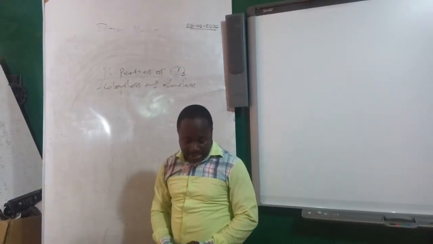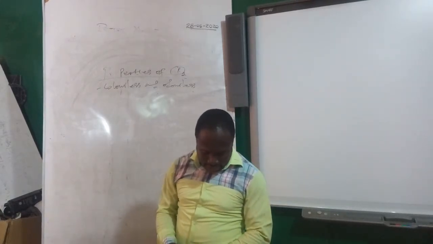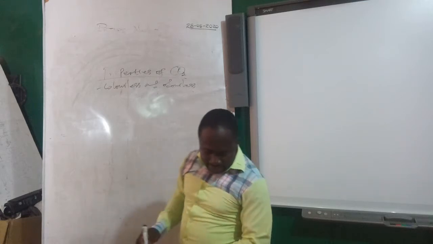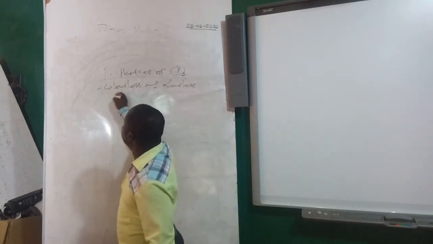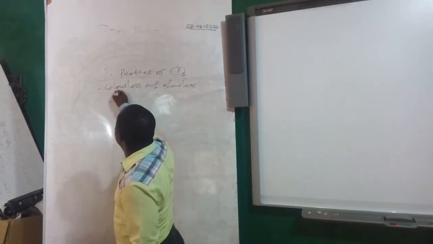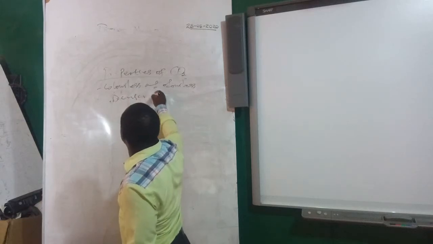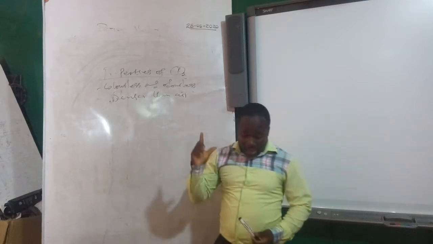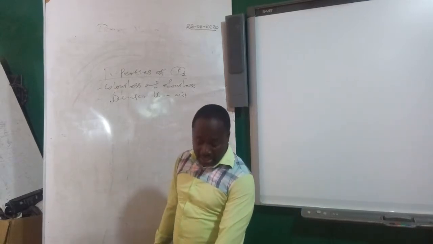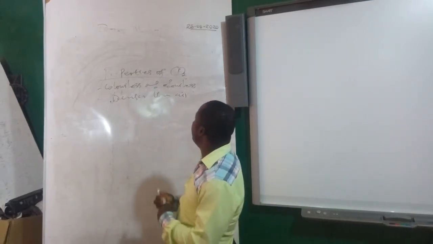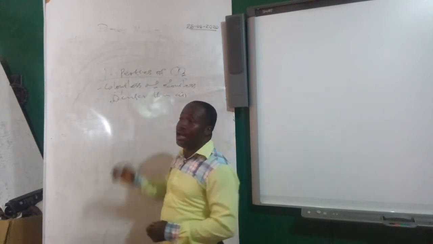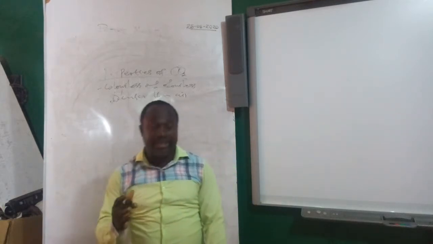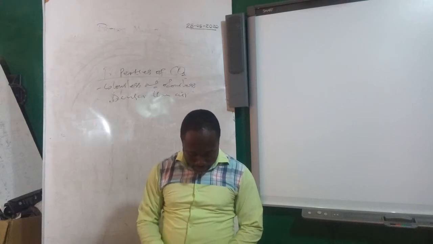Again, it is denser than air. And as you know, hydrogen gas is lighter than air, but carbon dioxide, or carbon 4 oxide, is denser than air, or heavier than air.